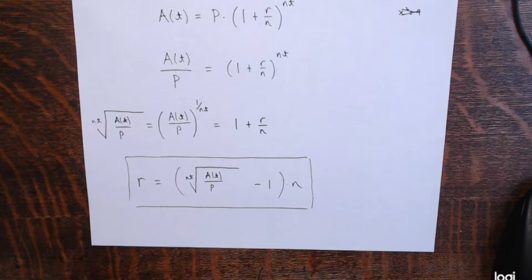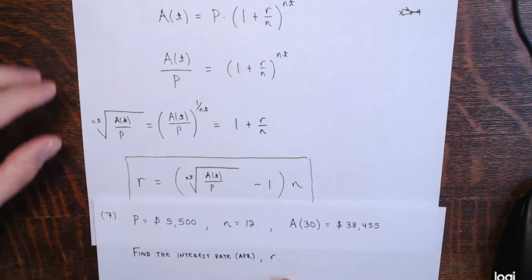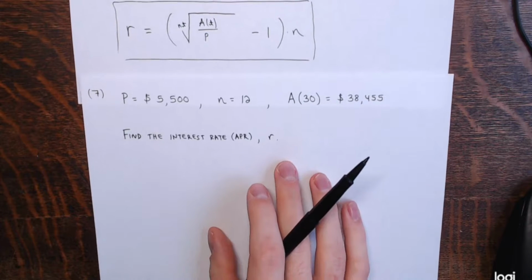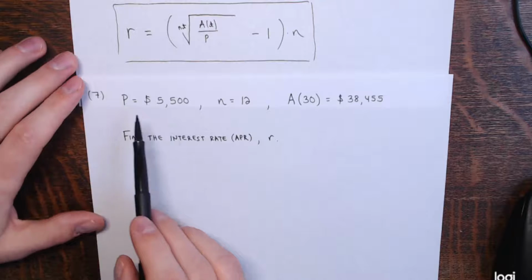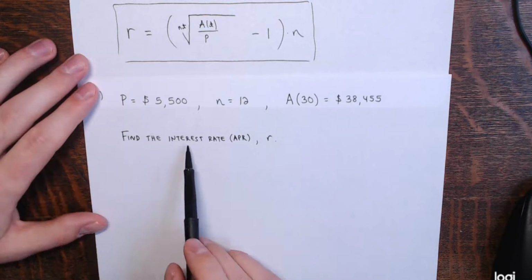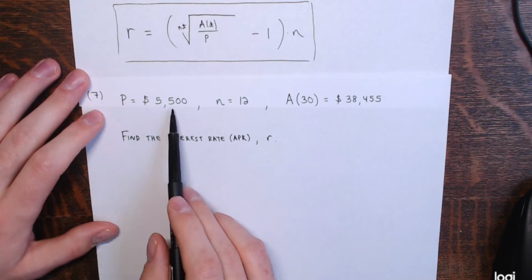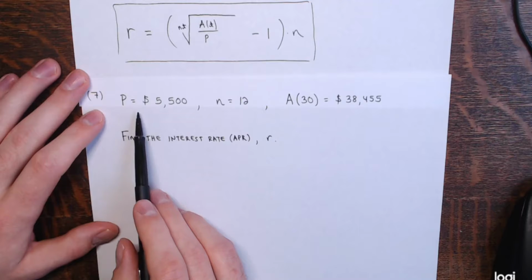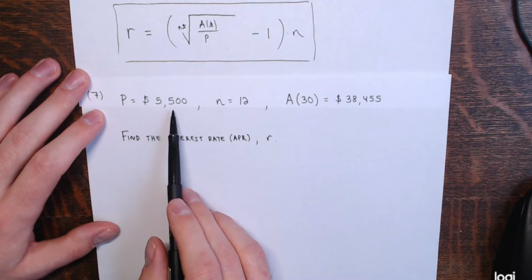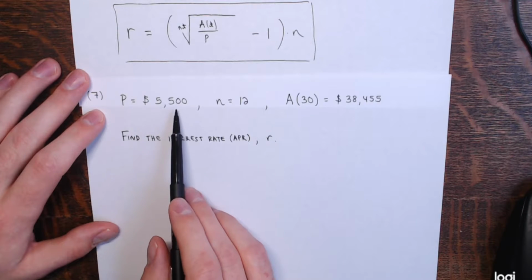Okay, so in example 7, I'm given some information and I'm asked to find the interest rate, right? Find that nominal rate, that APR. So we're given the principal, the initial amount, the present value, which is $5,500.